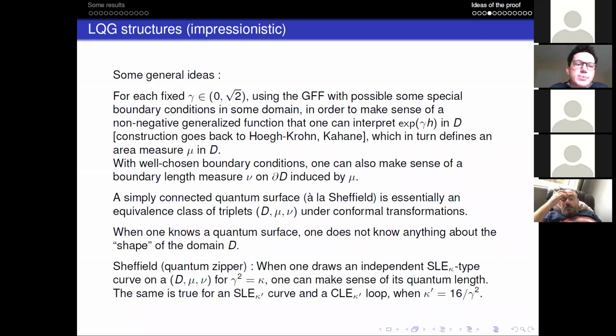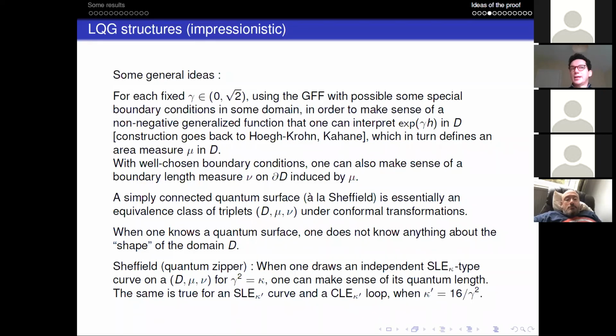Now, the important initial observation by Scott was that when you draw an independent SLE kappa type curve inside a domain D equipped with one of these area measures, then it is possible to make sense of the quantum length of this SLE curve that is drawn in this domain D. For a typical curve in the domain, you can't make sense of the length defined by mu, but in the case of SLE curves, for one value of kappa and one value of kappa prime associated to the gamma you chose to start with, you can make sense of what the random length of this curve is when you draw it independently on top of one of these quantum gravity quantum surfaces.